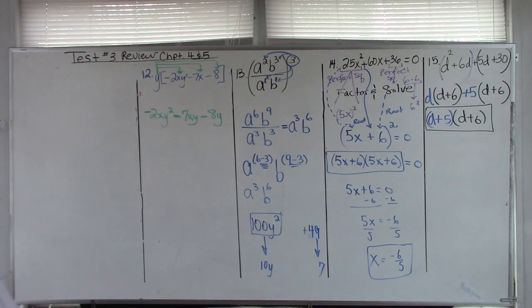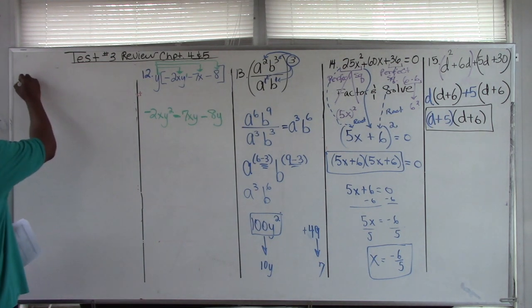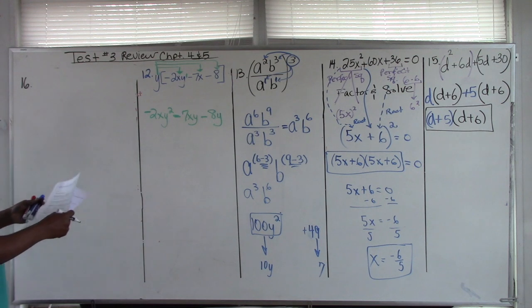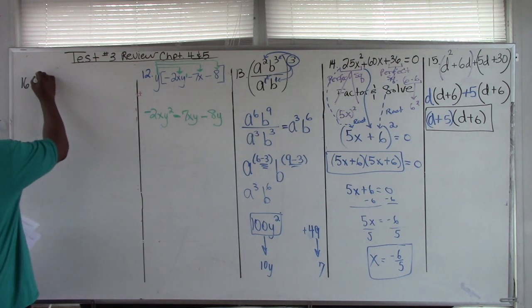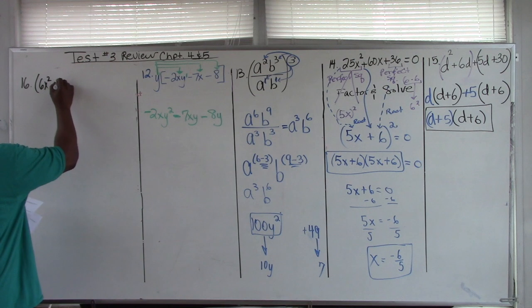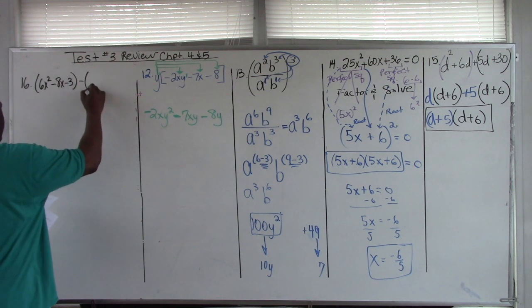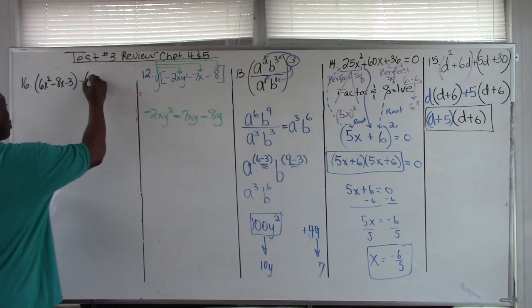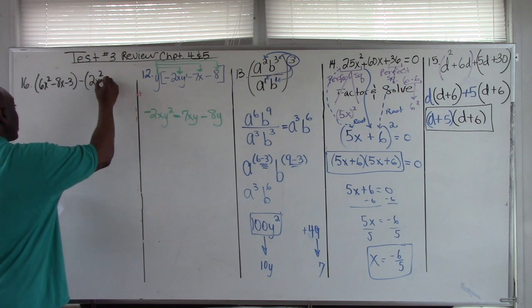Alright, 16. We have 6x squared minus 8x minus 2x squared minus 2x.